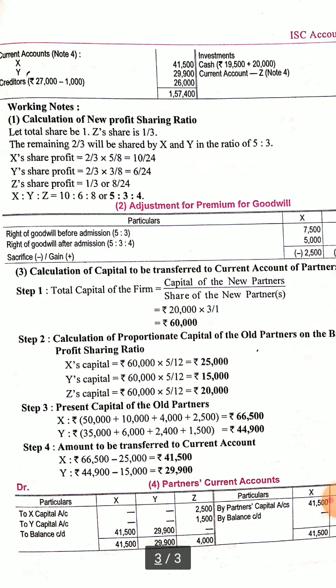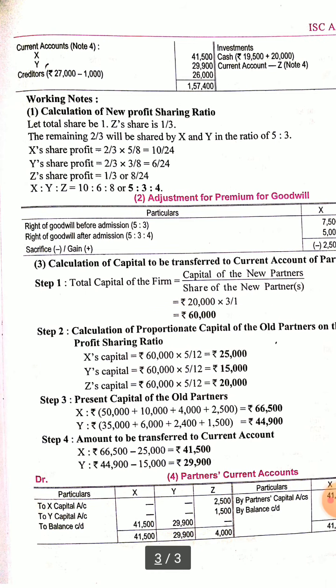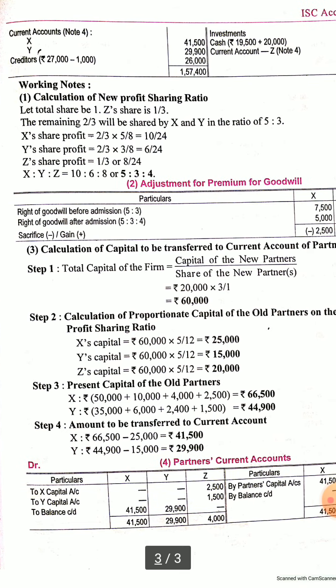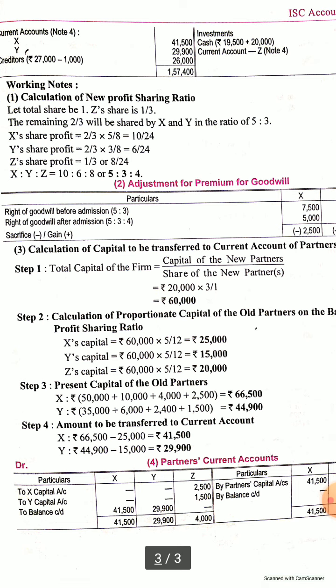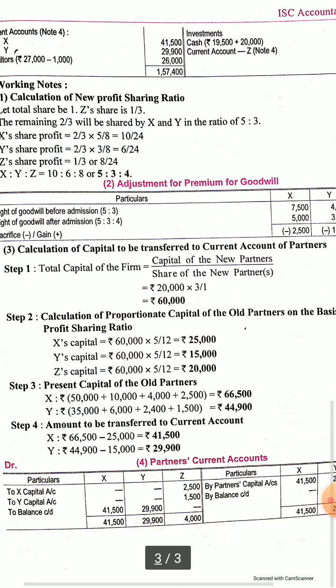So 66,500 is the total capital of X, and similarly Y's capital is 44,900. Amount to be transferred to current account: both have excess capital than the proportionate capital, so they will withdraw. X will withdraw 44,900 minus 15,000 equals 29,900.